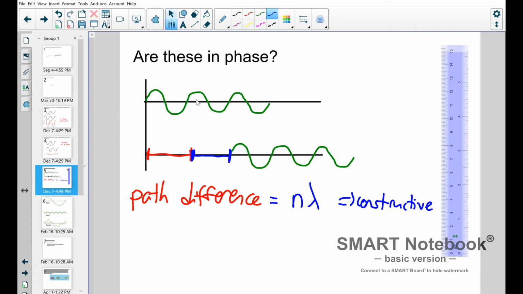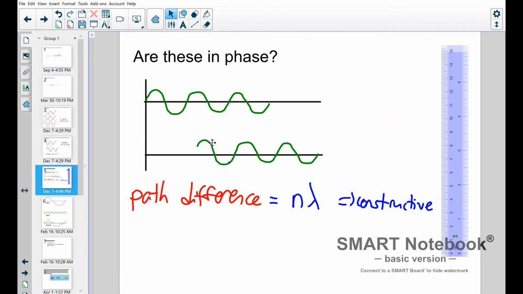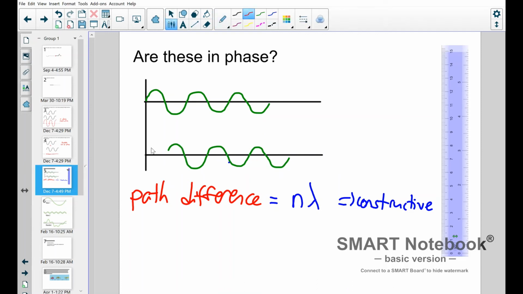And then there's a similar condition for what will happen when waves are out of phase, but maybe not directly lining up with each other. If I move this wave here, there's a small segment of half a wavelength so that I end up at the opposite parts of my cycle. And then I can do the same thing.